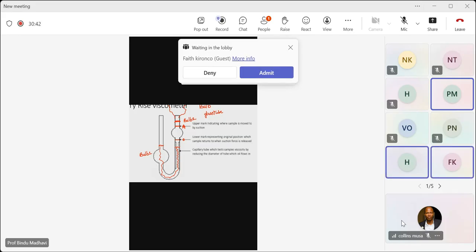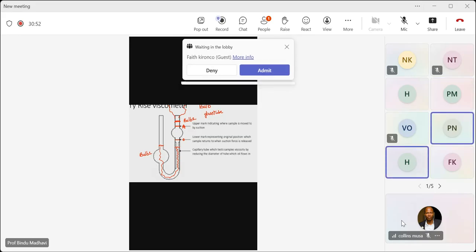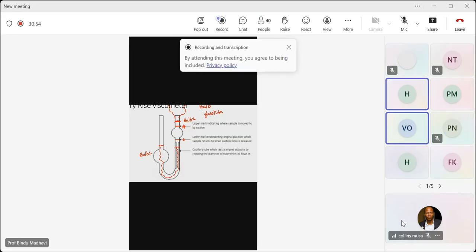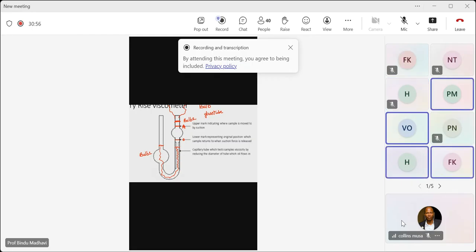Now the actual experiment starts. Now we remove suction. What happens when we remove suction? It's restored to the original level. The liquid level starts dropping slowly. Yes, the liquid will start dropping down.